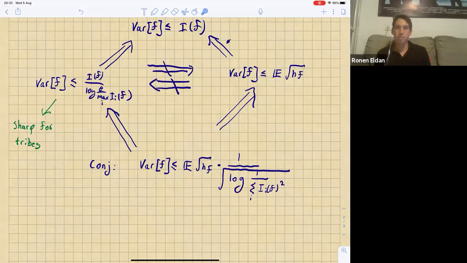But maybe it's a good time to comment that one of the first applications of this kind of inequality was to show something for first passage percolation. I'm not going to define what it is, but it's basically the length of the shortest path in a percolation. This function is not Boolean, it takes integer values, but the derivatives are integers.